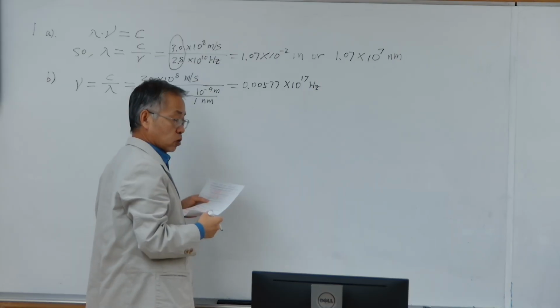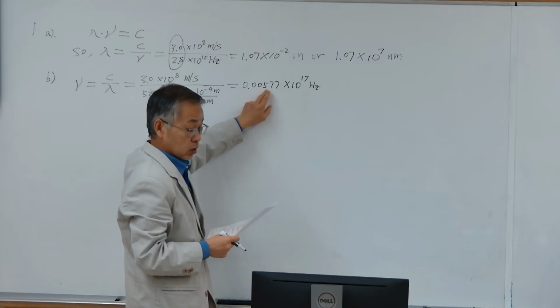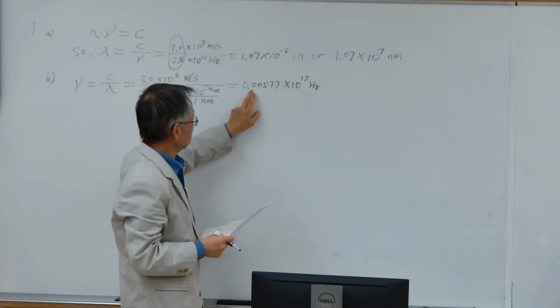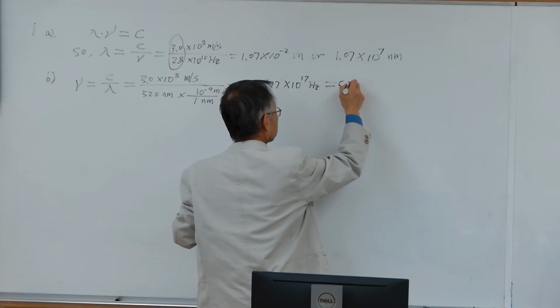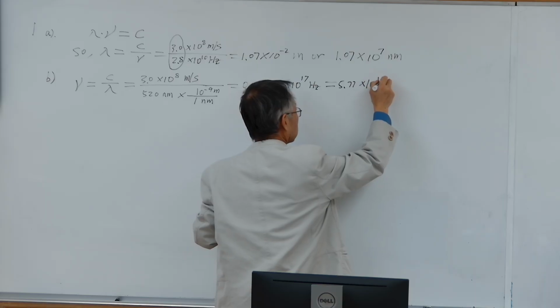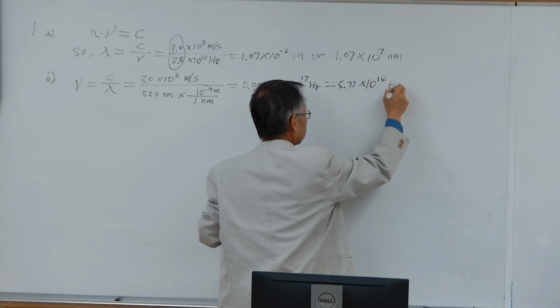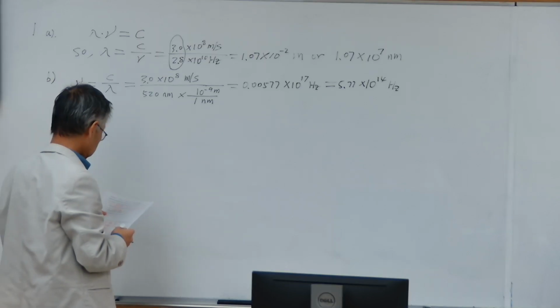This number is too small. Scientific notation requires this number is between 1 and 10. So we need move 3 decimal place. Becomes 5.77. Then reduce 3 here. 10 to the 14th power. This is your final answer. Unit is hertz.